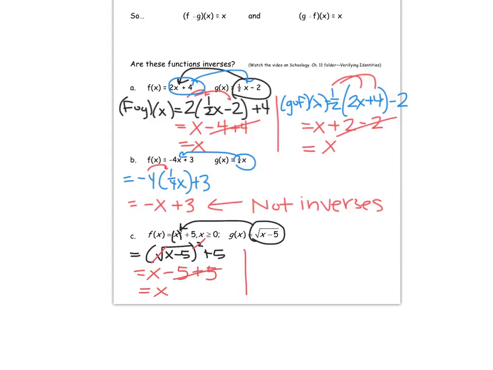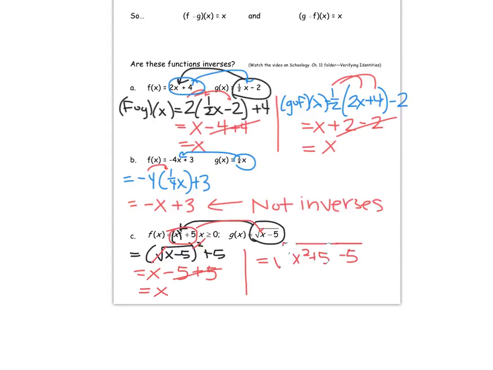Or, if we check it the other way around, I suppose I should say and, not or. If we put x squared plus 5 in for x, it'll be inside the square root. So I'll have x squared plus 5 where the x used to be, then subtract 5. I really don't need those parentheses, so I can get rid of them.